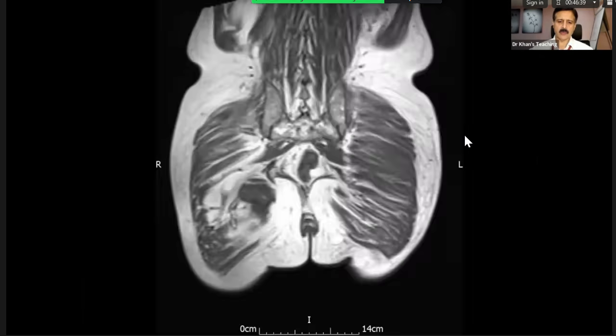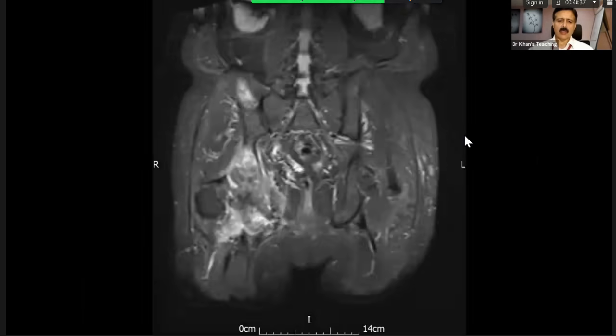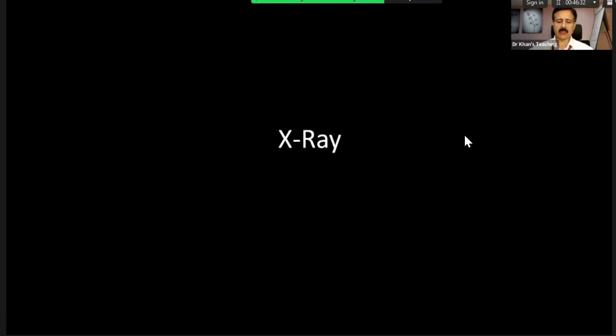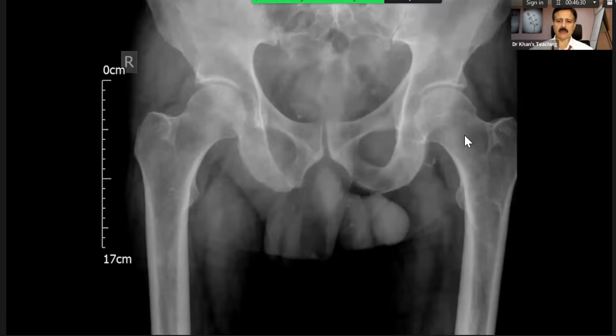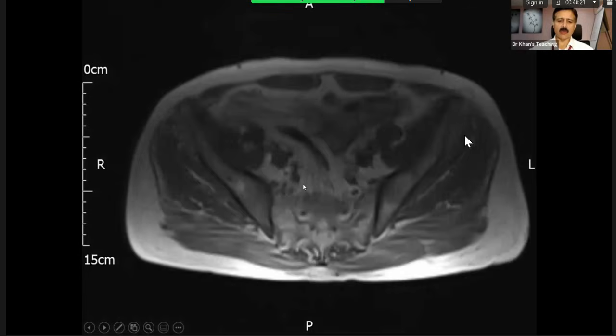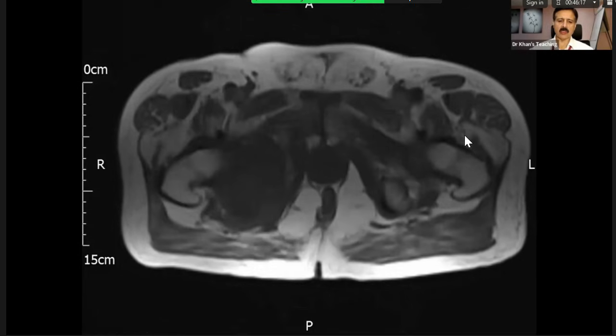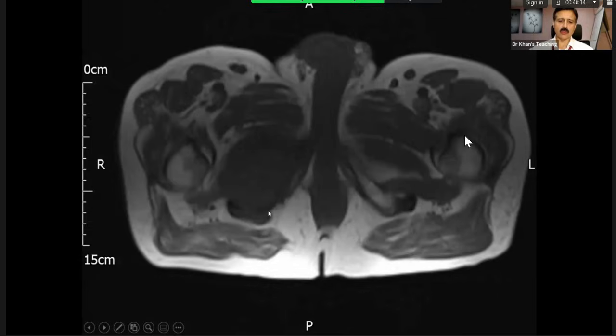Thank you. Now, as I've told you in the beginning, these are favorites for the exam, where they will show you a film in which the finding will be subtle, just like this case. Subtle finding, but a definite finding. Now, on a T1 weighted sequence, there is destruction, and with that, there is a huge soft tissue lesion.